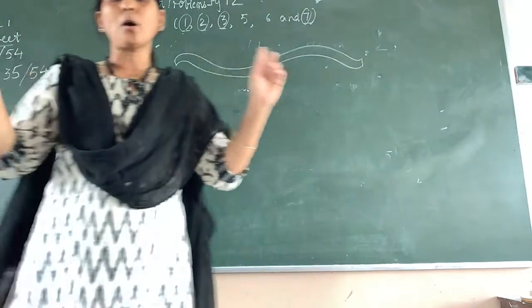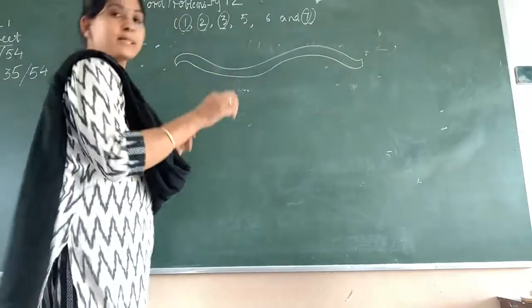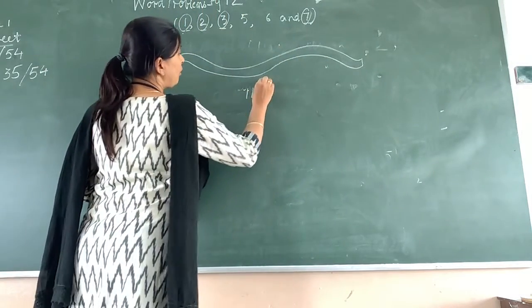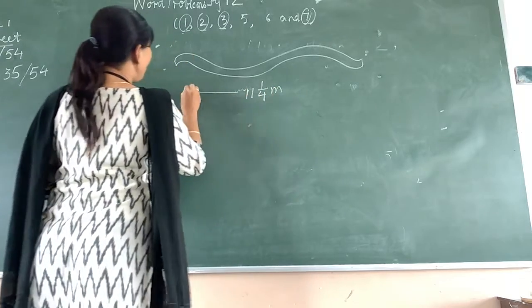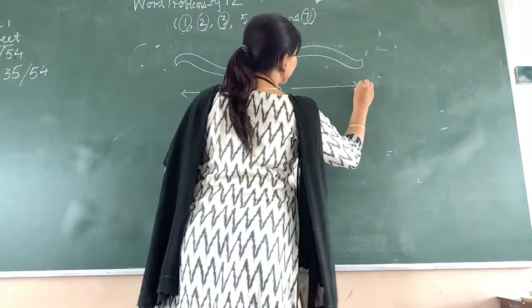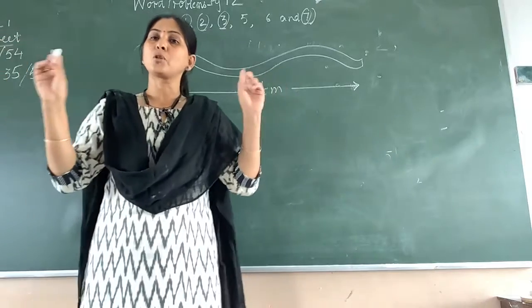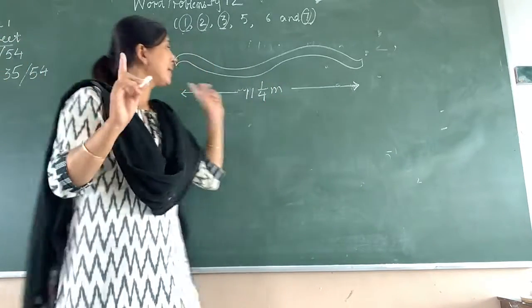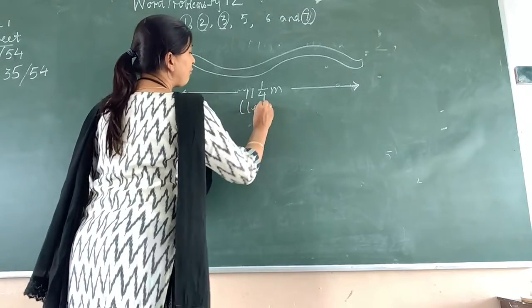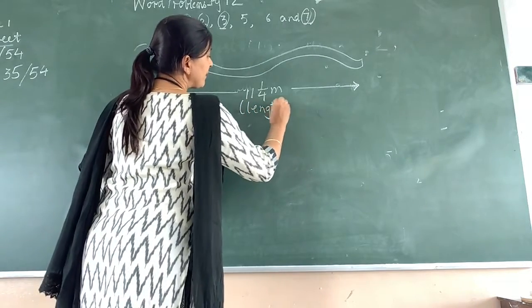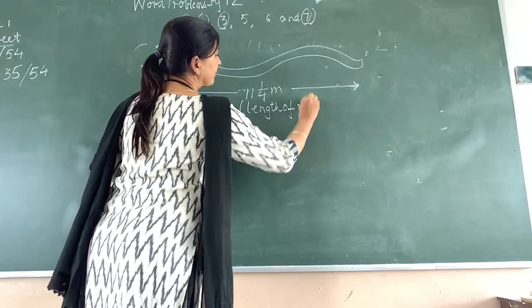Now, how long is the ribbon? The ribbon is 11 whole 1/4 meter. This is how long this ribbon is. This means it is the length that is given. So what is the length of the ribbon? See, length of ribbon.